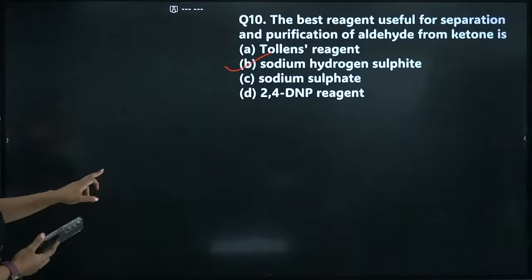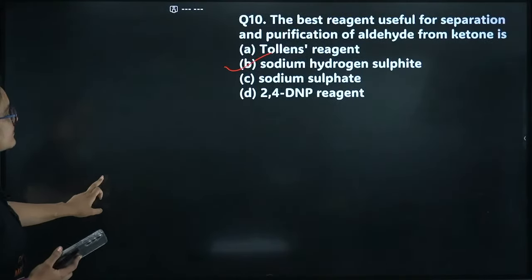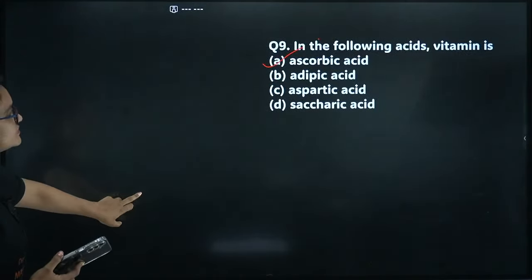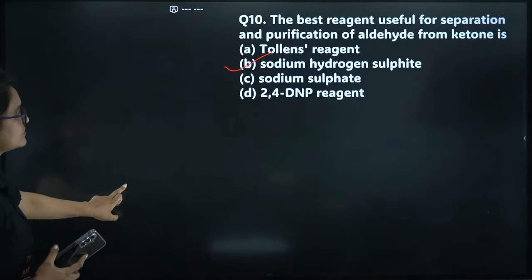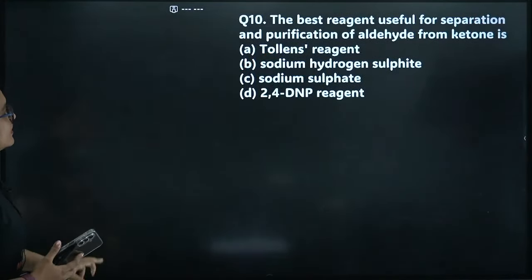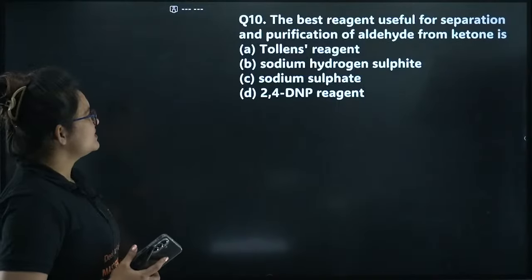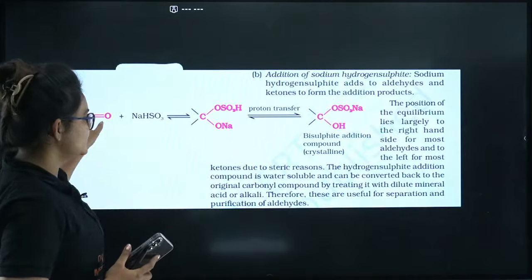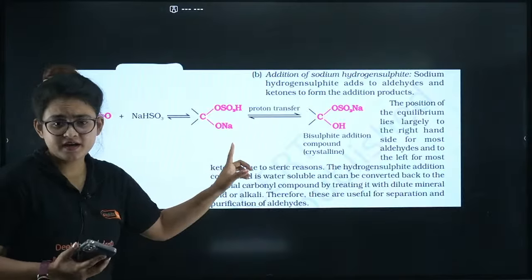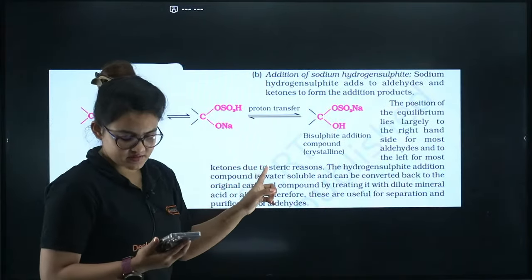Okay, so let's proceed. The best reagent useful for the separation, that thing we did. This is the particular thing that I just explained, a very important zone for the examination.